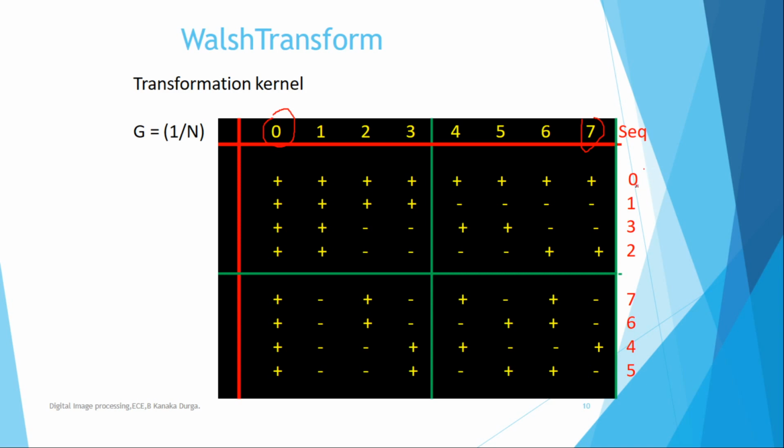The reverse order goes for 0 1 3 5. Once the number of overlaps has been analyzed and we have done the analysis of +1 and -1, the matrix has to be multiplied with 1 by 8, whatever the resultant we are going to get. This will be the Walsh transformation kernel.